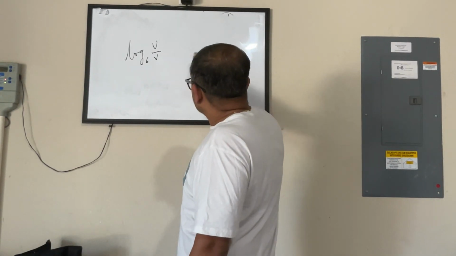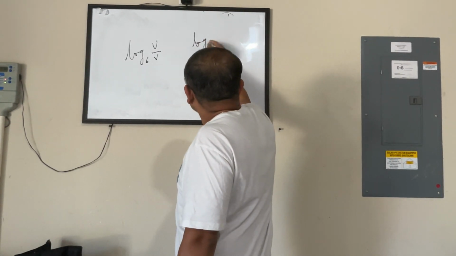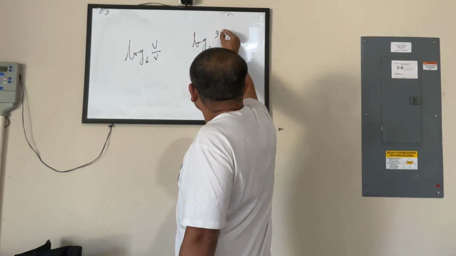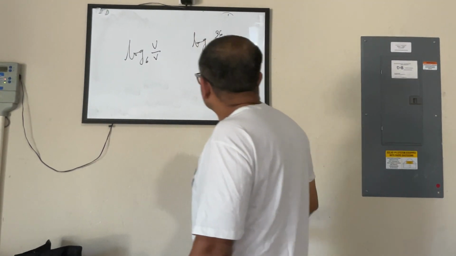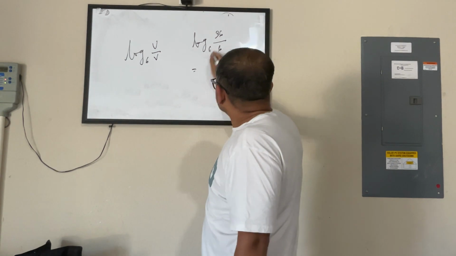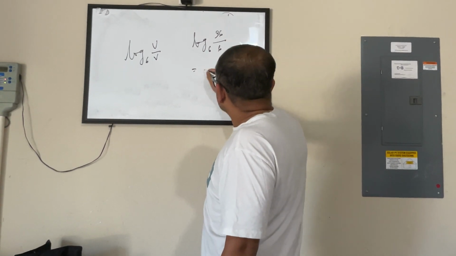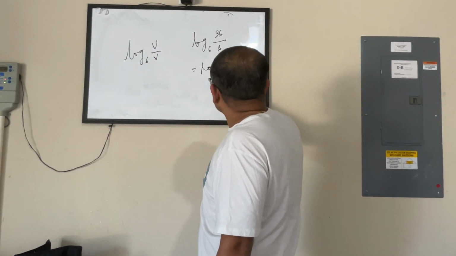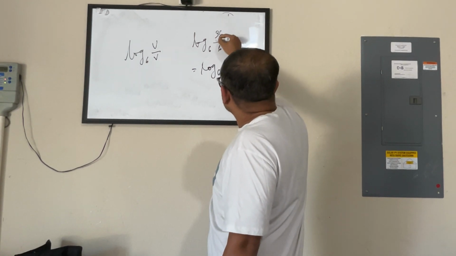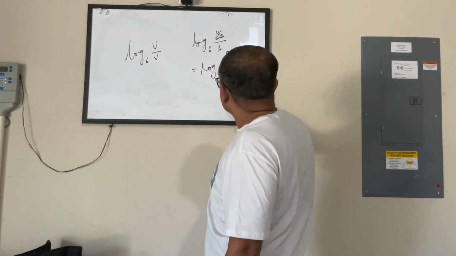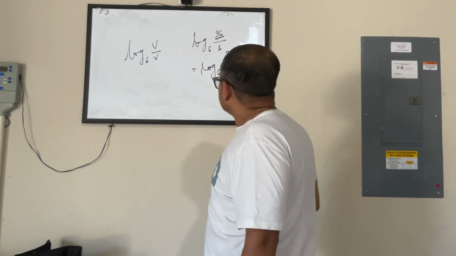Before I try doing this, I just want to tell you that if I am trying to find log of 36 by 6, what I am doing here is trying to find out the power. This numerator is the power of 6, the denominator is the power of 6.